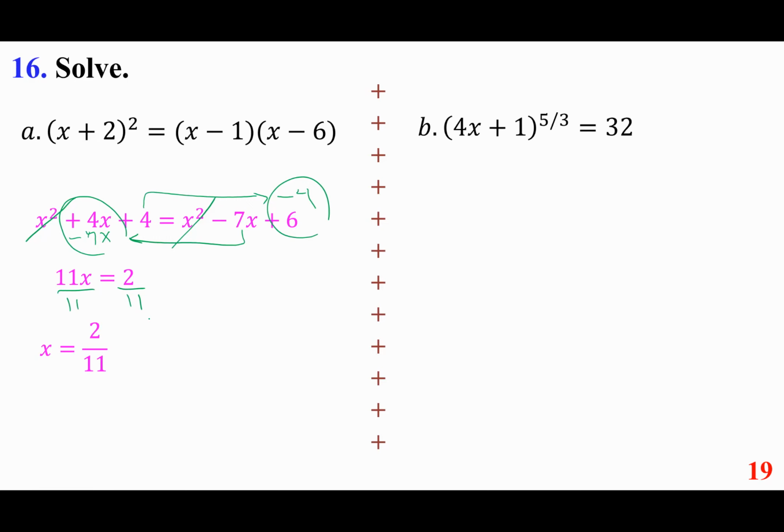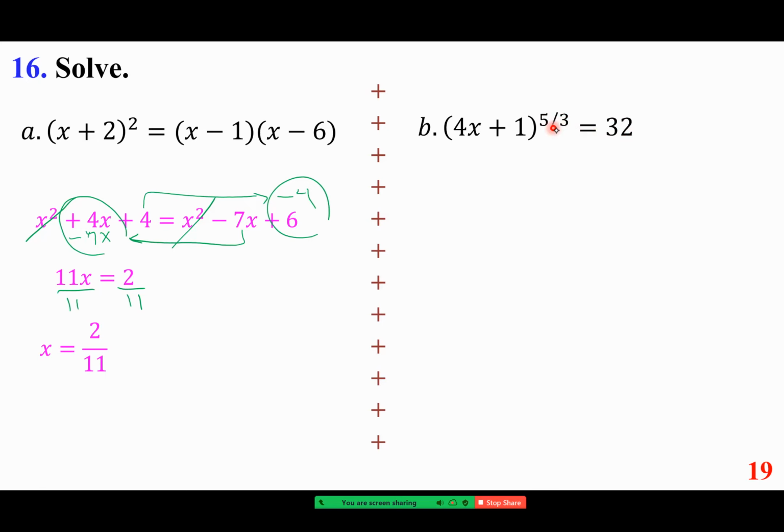How about this one? What is the methodology? It's important to understand that when we raise it to the power of a fraction, 5 over 3, that means we are raising it to the power of 5, and we are taking the cube root at the same time. So to undo this in one shot, the best course of action is to raise both sides to a power which will undo this exponent.